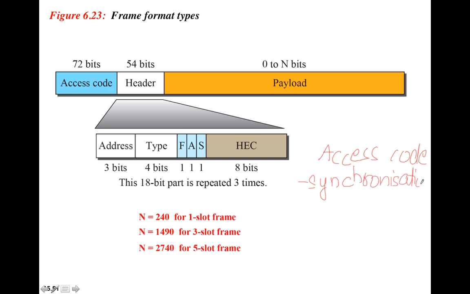This code will help the secondary device synchronize with the primary device. And the second is identification. It will also contain the identifier of the piconet. Remember the ID we spoke about? Every piconet has an ID, we said. So this also contains the ID of the piconet.